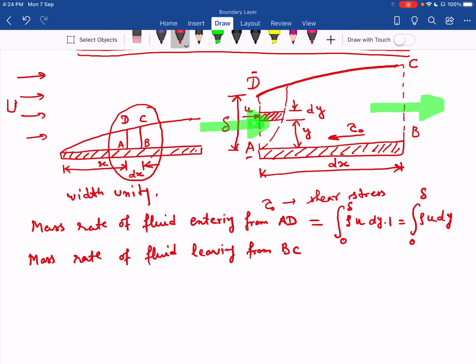So that you can write as equal to, now the leaving with respect to x-axis. Now say there is some increment with respect to x-axis.